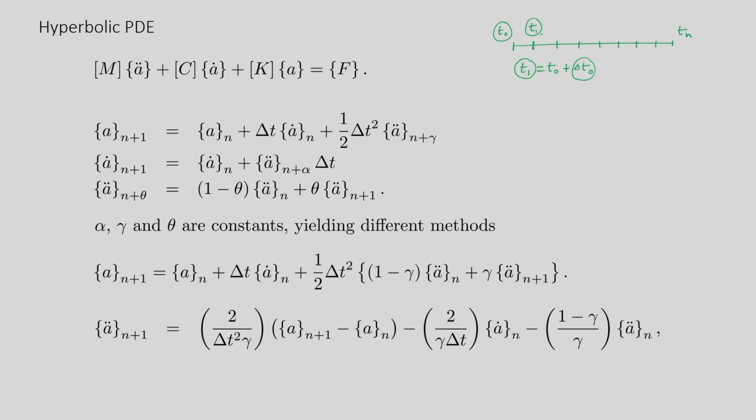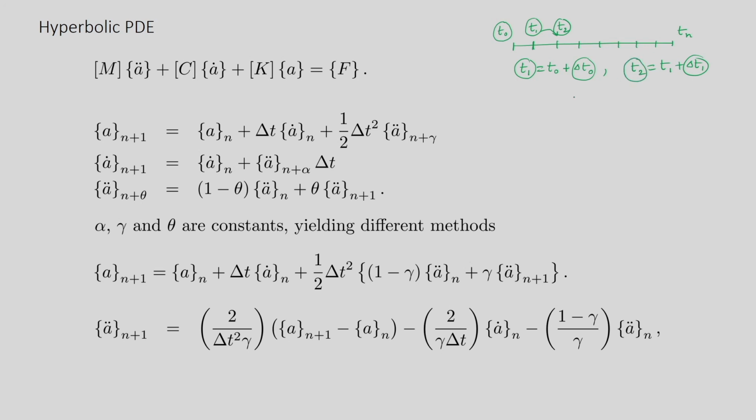Similarly, in the next step from time instant t1 we will move to t2 by taking a time step delta t1. So we will write t2 is equal to t1 plus delta t1. We will take a time step of delta t1 and try to find the response at t2, and so on.